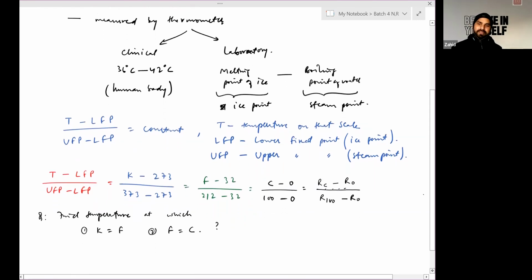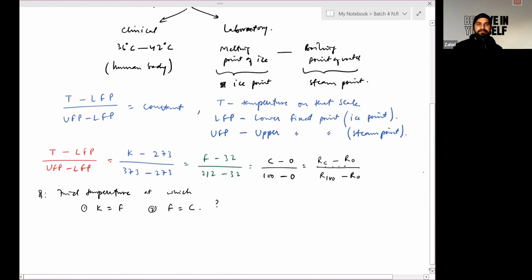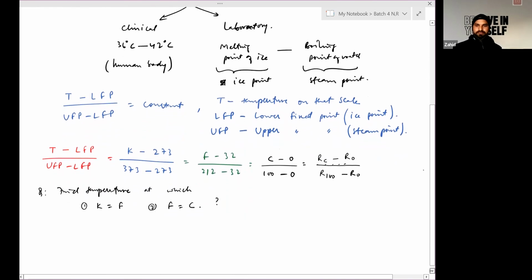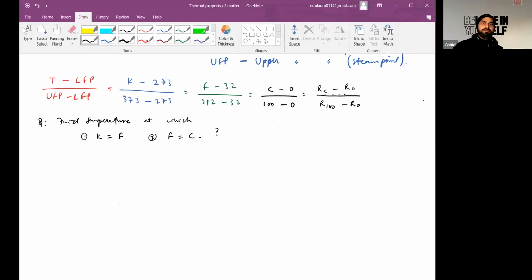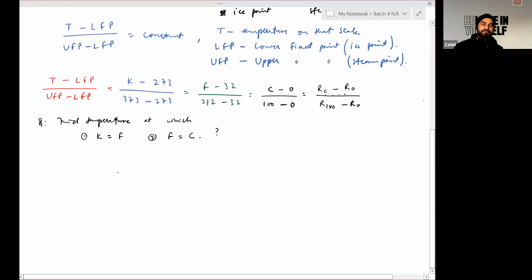Similarly, for F and C. It means put the value of K to be X in place of K, and F as well, and simplify it.